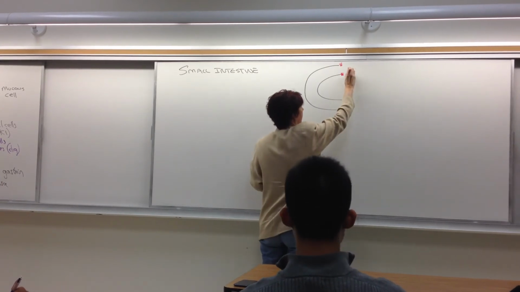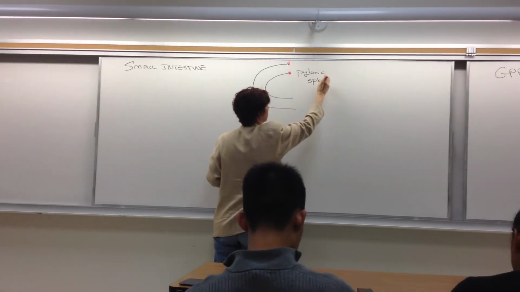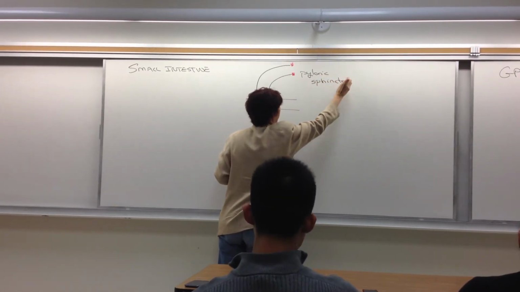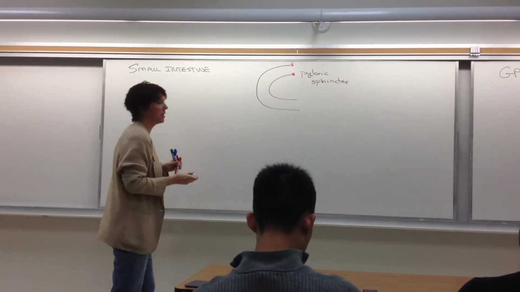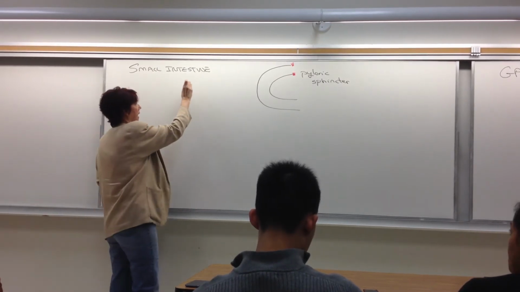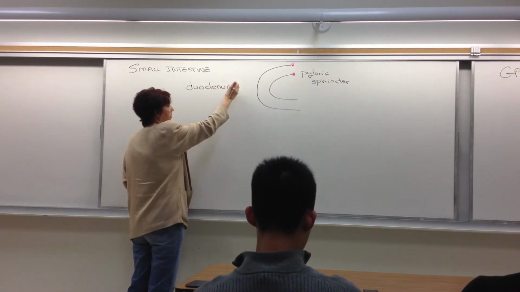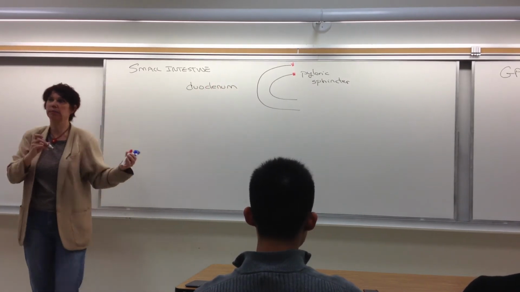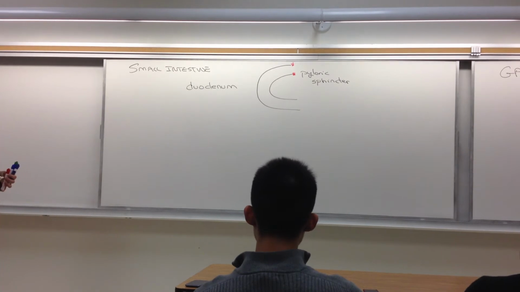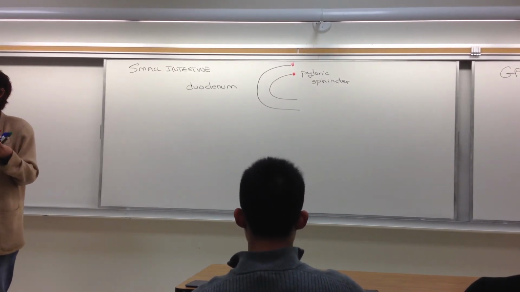So this would be our pyloric sphincter. This C-shaped structure is about 10 to 11 inches long, almost a foot, and it's identified as the duodenum, or as I pronounce it, duodenum. You can use either pronunciation.